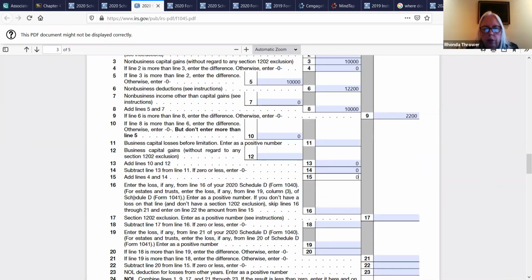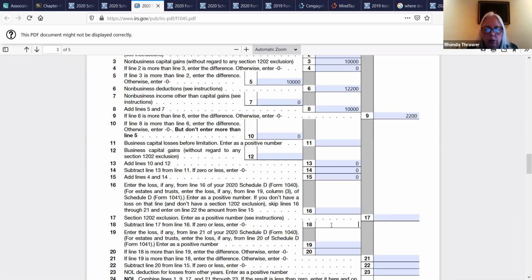And line 16 says that we need to enter a loss, if any, from line 16 of your 2020 Schedule D form. And we didn't have anything to put there. So we're going to leave that blank. And then 17 is blank too.